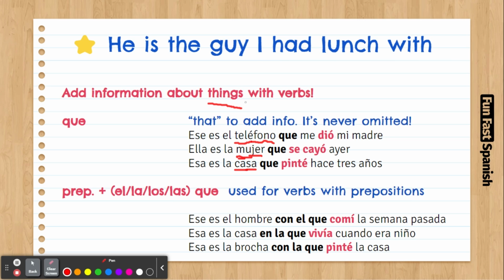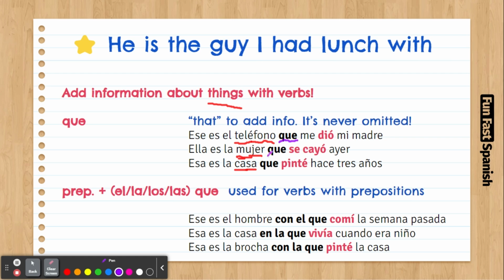So in English, the word that is omitted. You can say, this is the phone that my mom gave me. And this that is this word que. In Spanish, we do not omit it. Ella es la mujer que se cayó. Like, she's the woman that fell down yesterday.